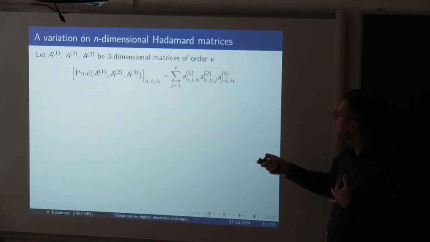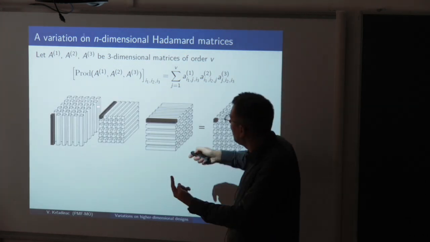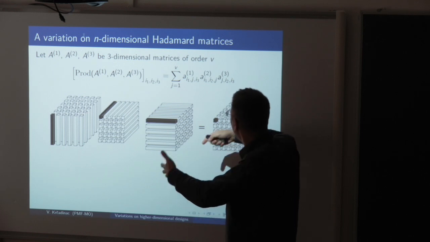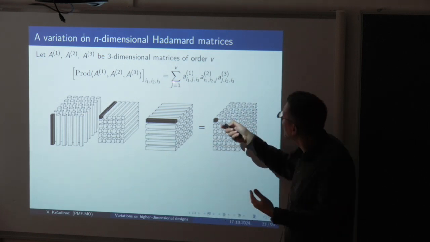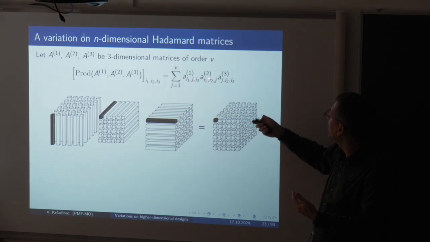The product is completely analogous to what we would do in 2 dimensions. So you take a kind of column, a row, and a column in the third direction. You just sum from j equals 1 to v. Here it's in the middle, here is the last, here is the first index.